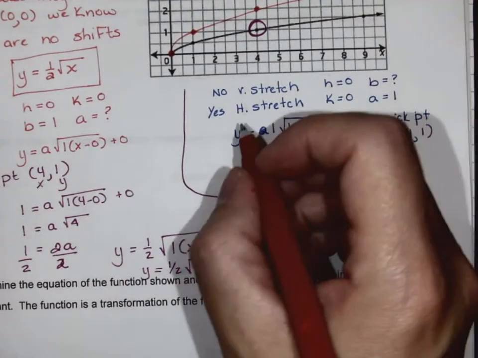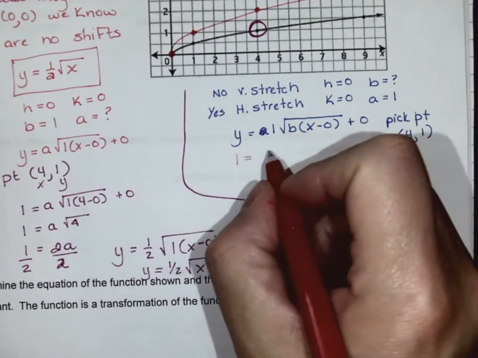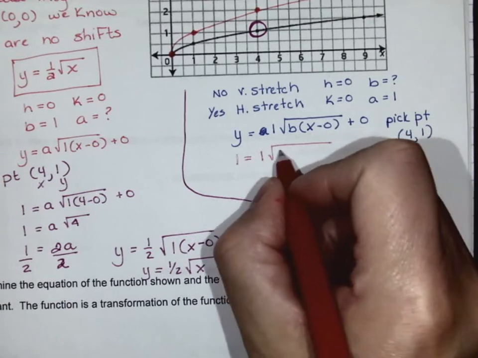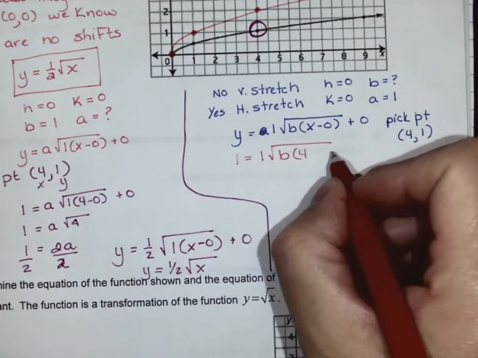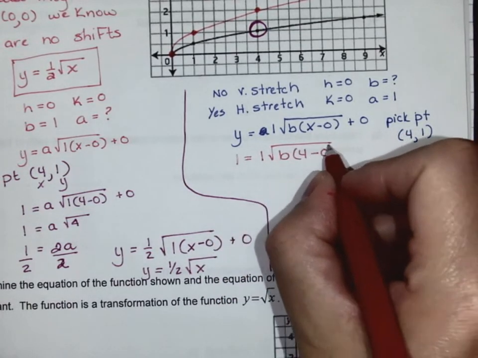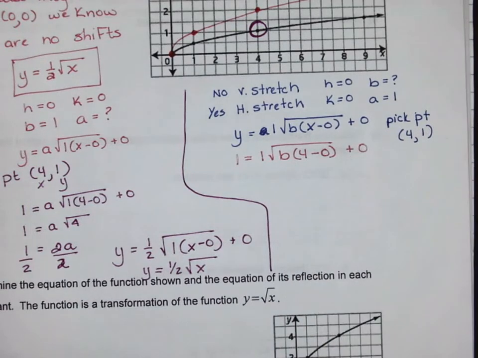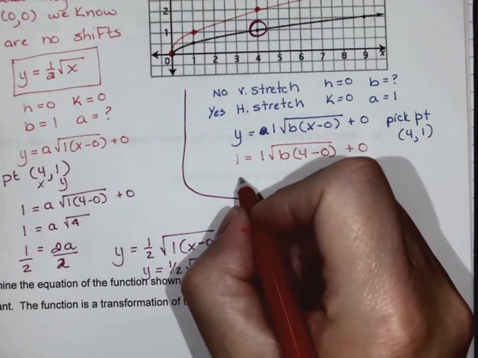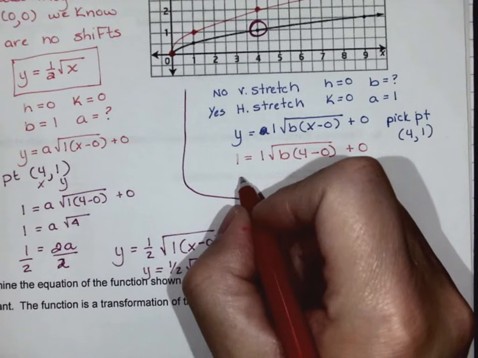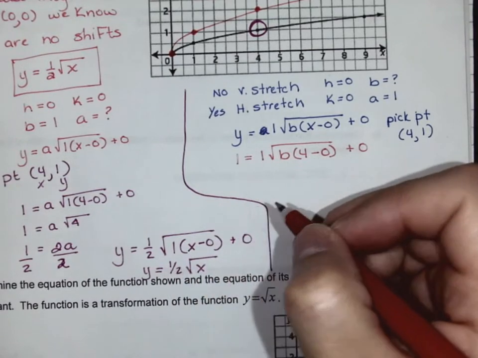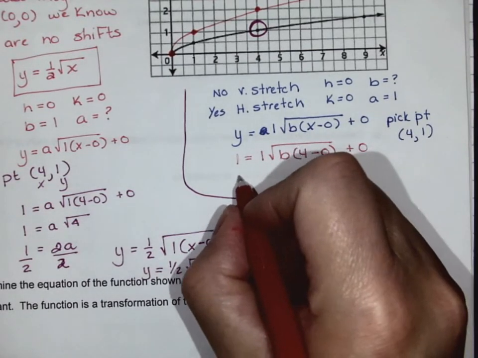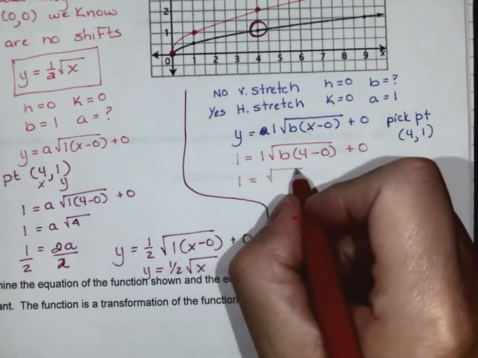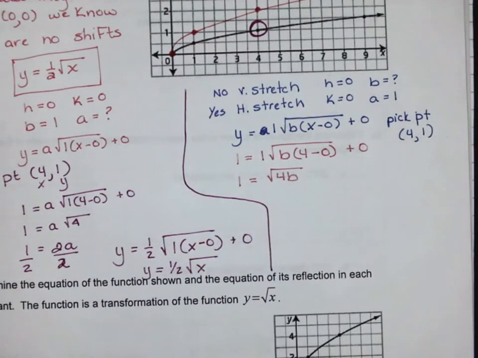Okay, so we're going to fill those in for our x and y. So 1 equals the square root of b times 4, minus 0, plus 0. Okay, so I have 1 equals the square root of 4b.